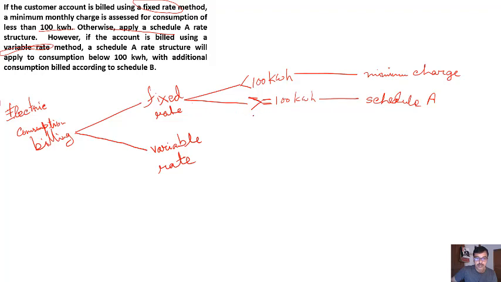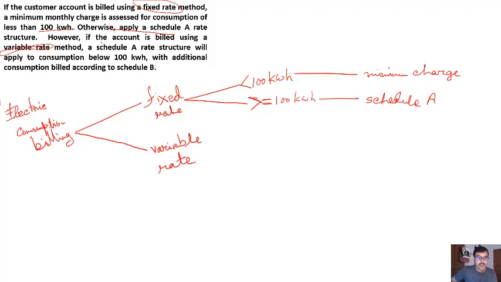Then you have to raise a question, as that is an ambiguity in your software requirement specification: if the kilowatt is equal to 100, then what should be done?